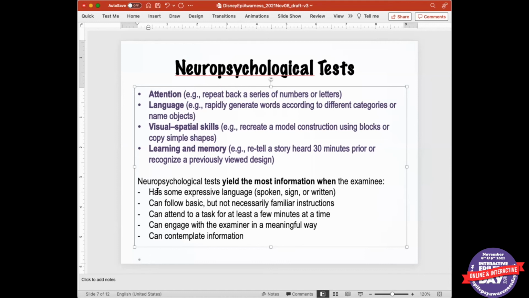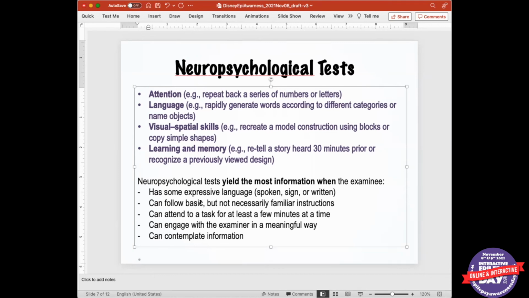So the person who's going to be examined needs to have some expressive language, some ability to communicate, and follow basic, not necessarily familiar, instructions. Sometimes people can follow instructions at home, like familiar things such as activities of daily living, brushing teeth, getting ready, but not necessarily things that they haven't heard or haven't been used to following or doing.